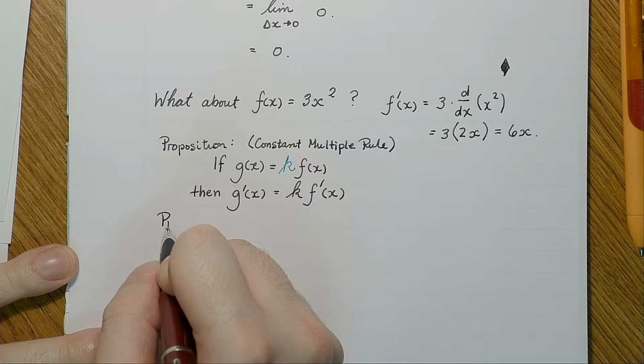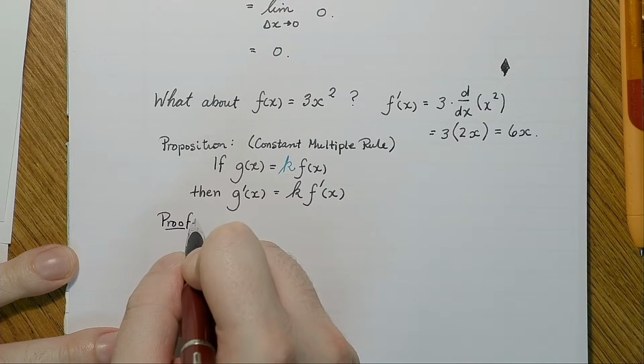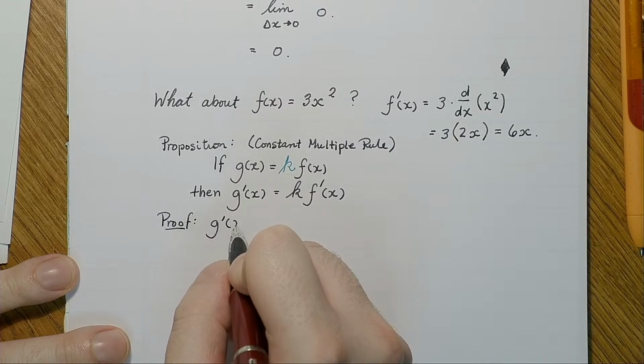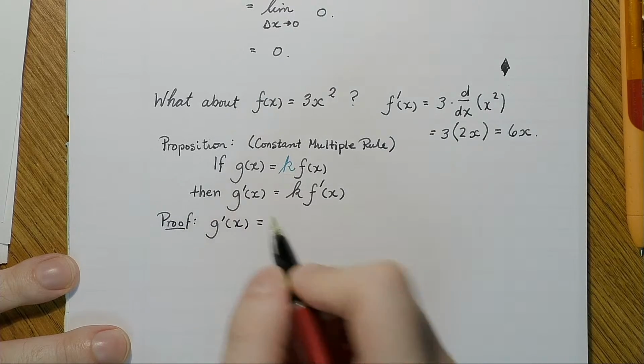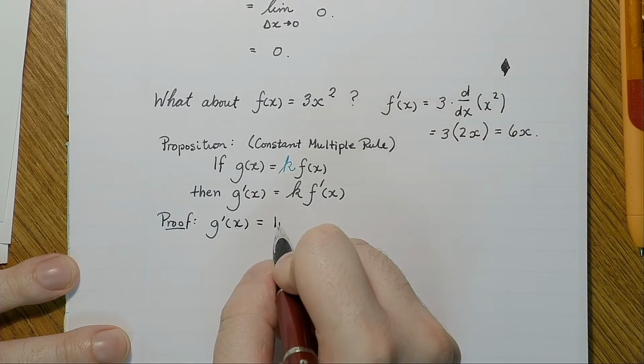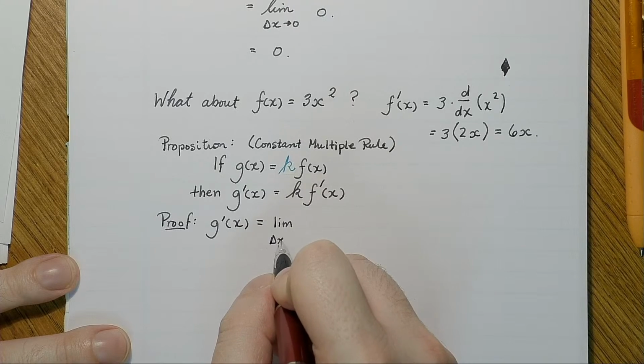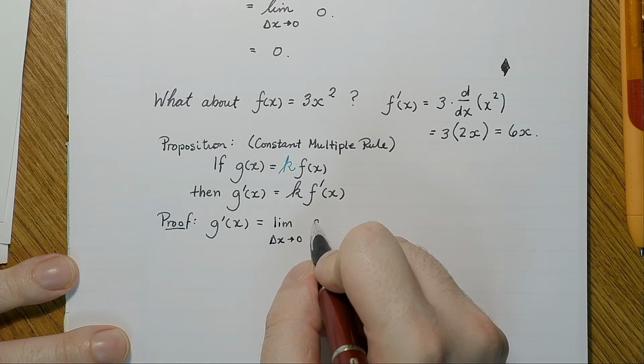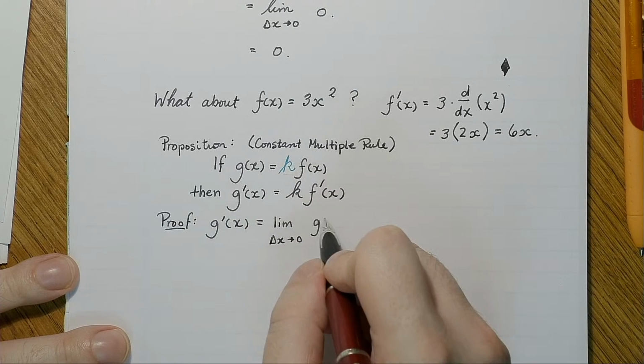So by our proof, we have g of x, g prime, and again, writing out our definition. Now in this case, it's g, not f, because that's what we're starting with.